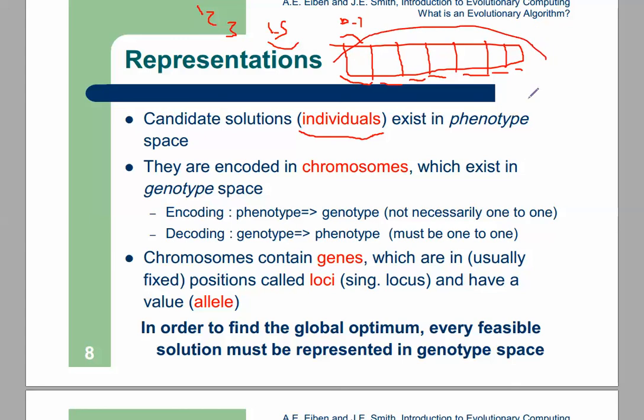This representation is called a chromosome, or it's called an individual. The collection of genes makes an individual, or genes provide a solution.